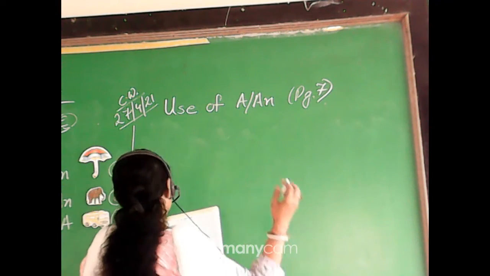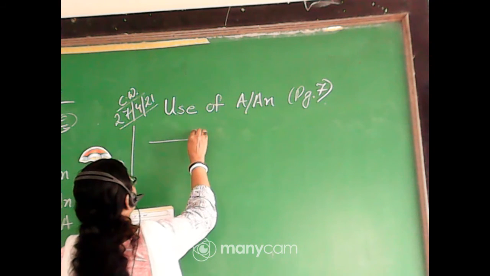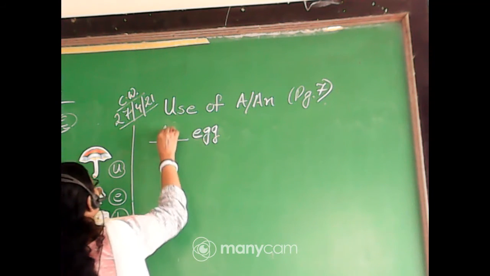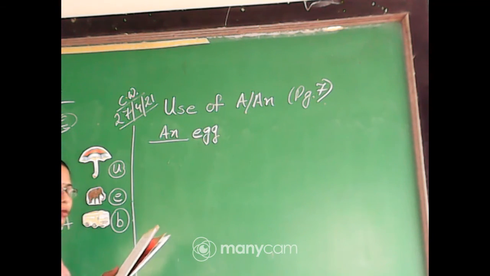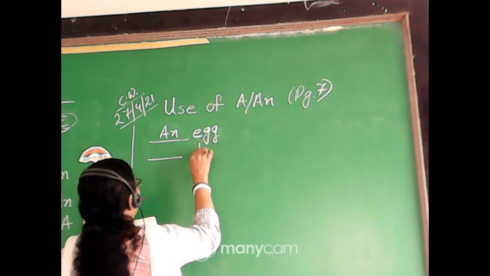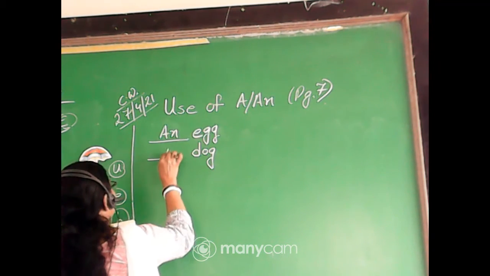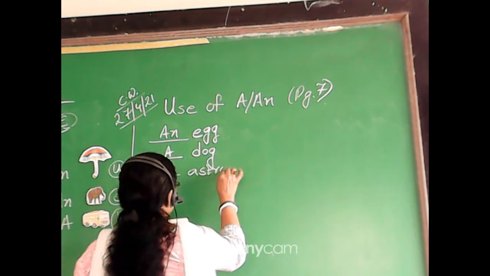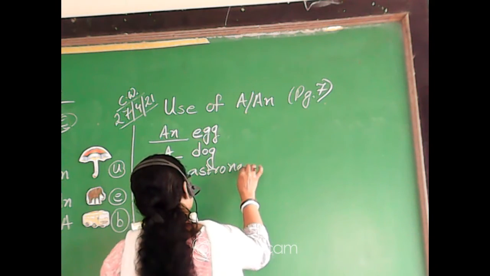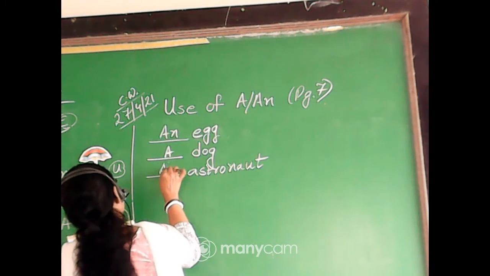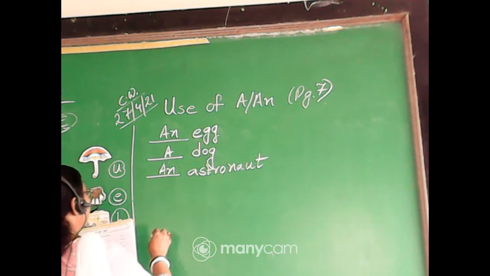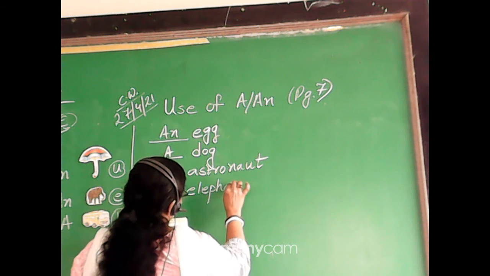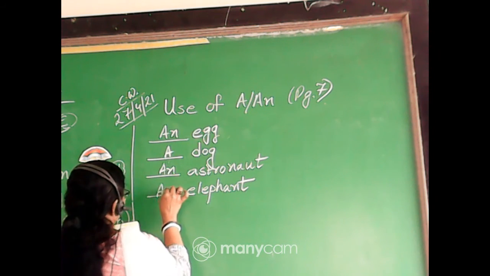Page number 7, activity book. First one, dash egg. Here egg, E, so it should be an egg, it's a vowel sound. Next is dog, a dog. Next, astronaut, an astronaut. Dash elephant, an elephant.